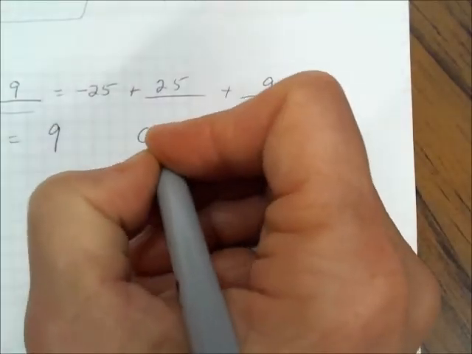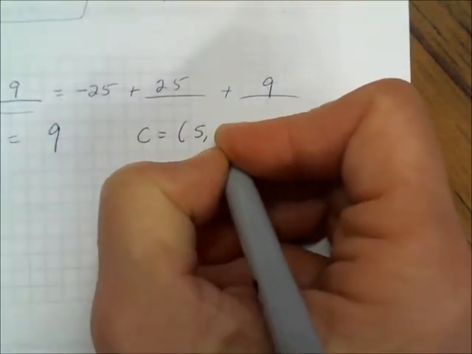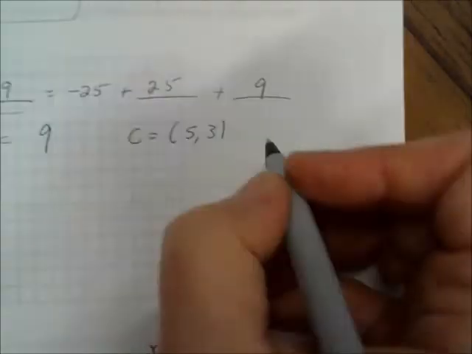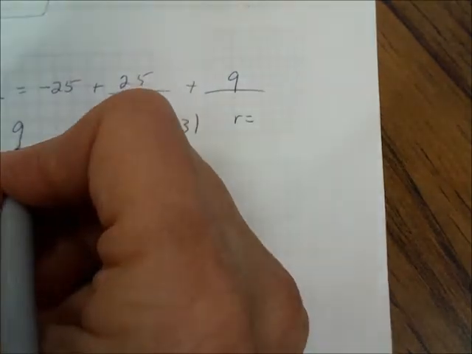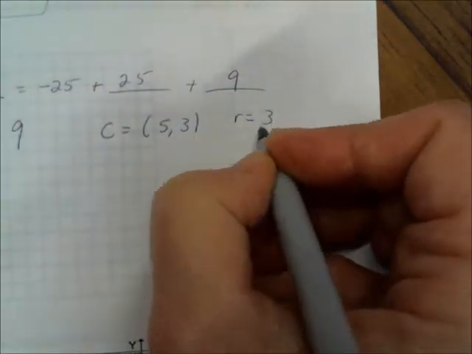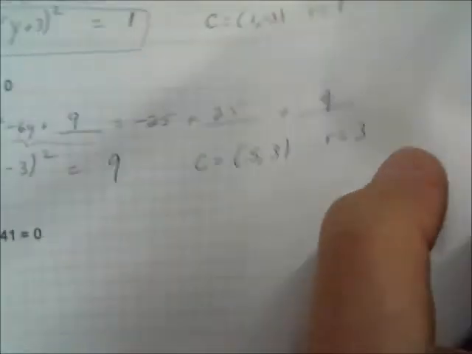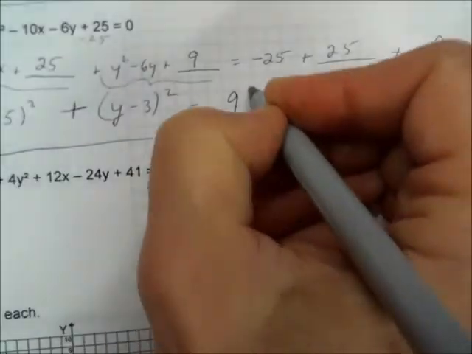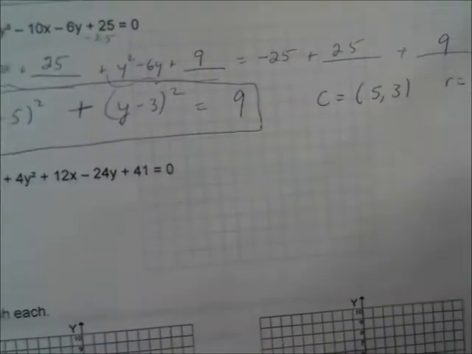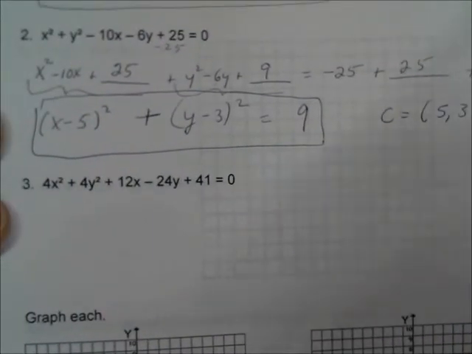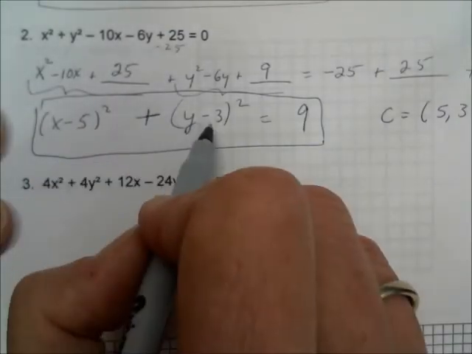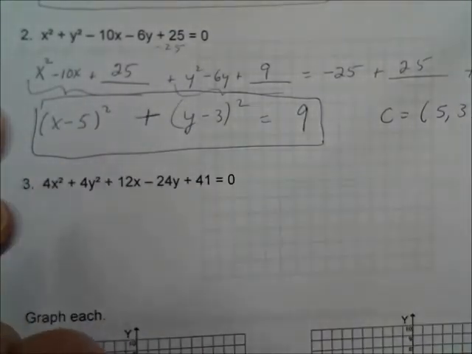So this has a center that's equal to 5, 3, and the radius is equal to the square root of 9, which is 3. So here's the equation in center radius form. And you can see the center is at 5, 3, and the radius is at 3.